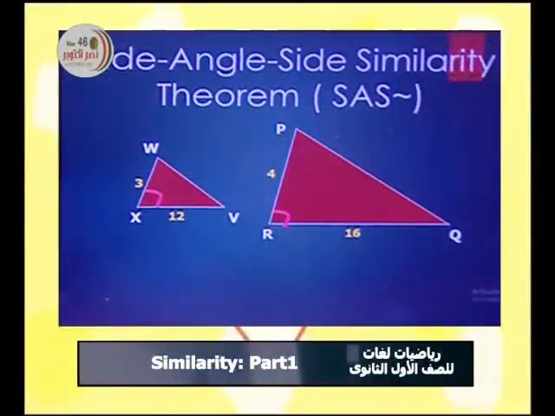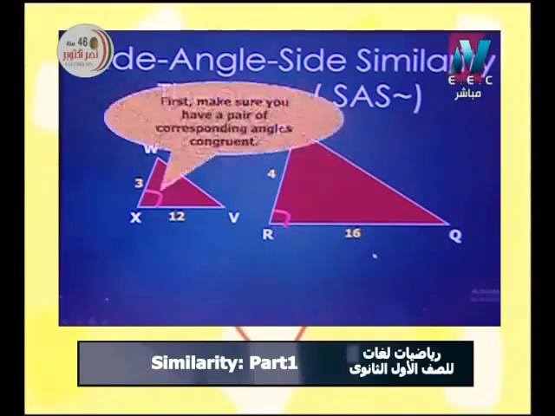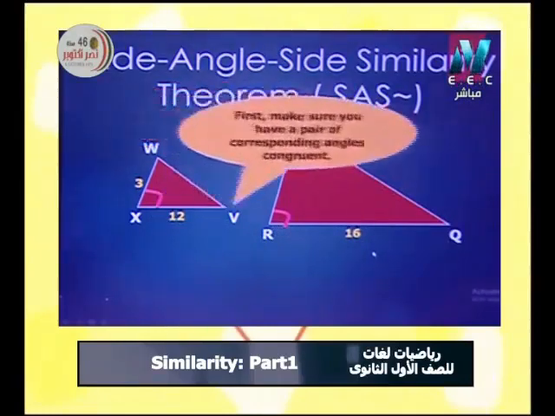We have here another condition for similarity of two triangles, side angle side similarity. We have here SAS. Look at these two triangles. We have measure angle X equals measure angle R, and we have XW proportional to RP, which is 3/4, and XV is proportional to RQ because they are 3/4.